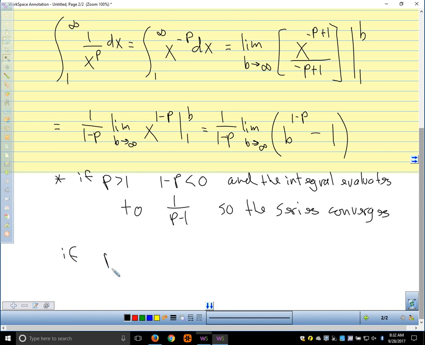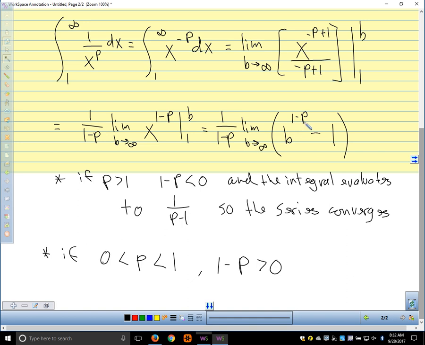If 0 is less than p less than 1, this is our second condition, so if p is some fraction between 0 and 1, what is 1 minus p? Positive. 1 minus p is greater than 0.